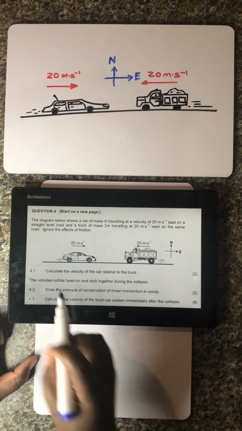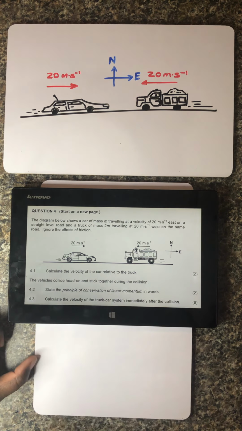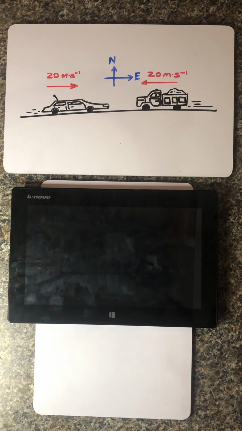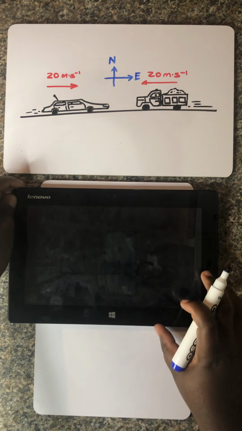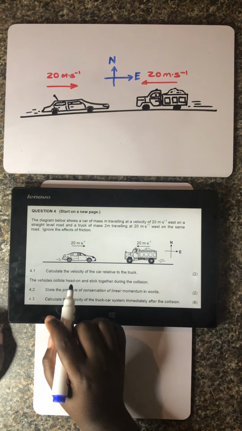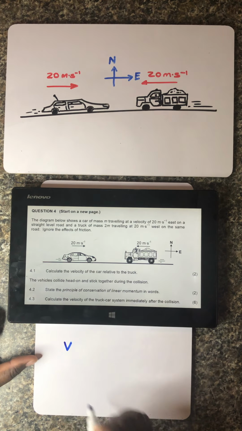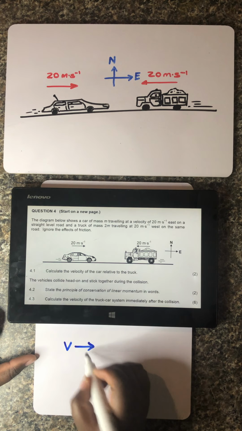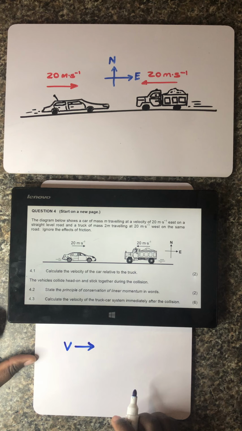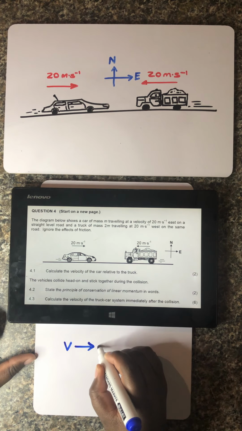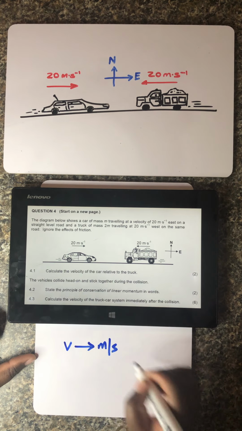They say calculate the... What is it that they want you to calculate? Obviously, they want you to calculate the velocity. So that means 4.1 wants you to calculate the velocity. Now that you know that, it means your answer should be in meters per second.